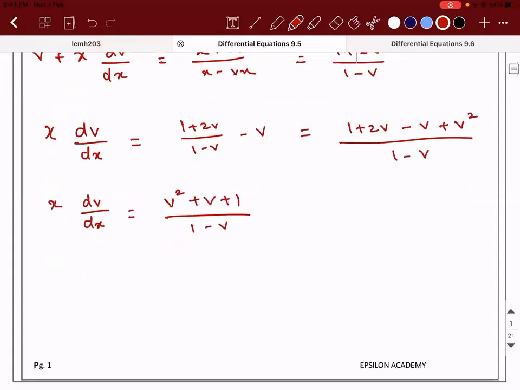Now what are you supposed to do? If you observe clearly, you can apply variables separable here. So why we substituted y is equal to vx is to ensure that the whole equation is getting converted to the variable separable form.